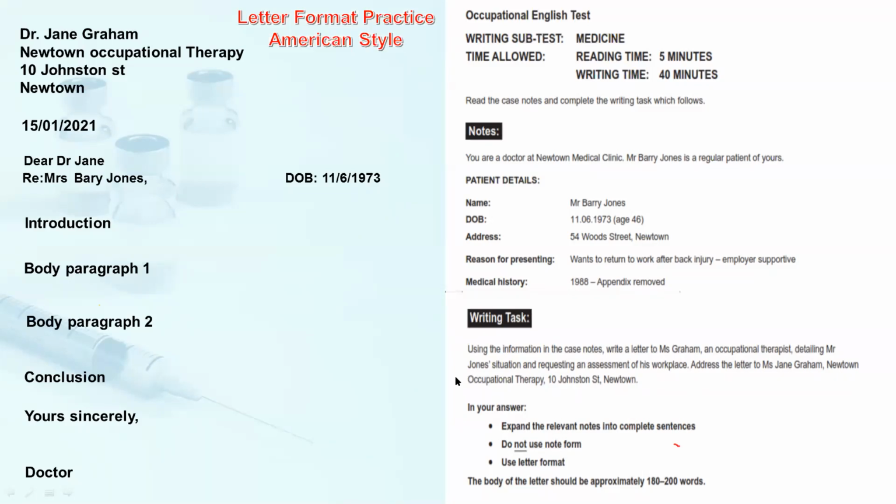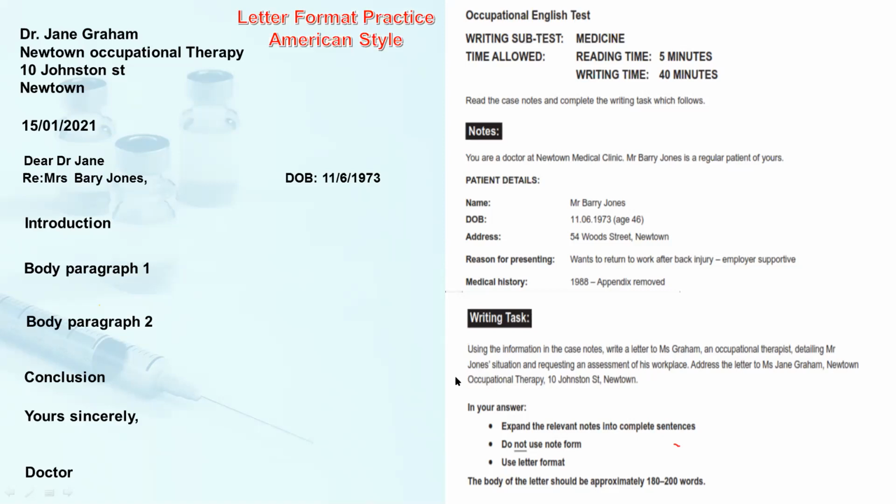Using the information in the case notes, write a letter to Ms. Graham, an occupational therapist, detailing Mr. Jones' situation and requesting an assessment of his workplace.